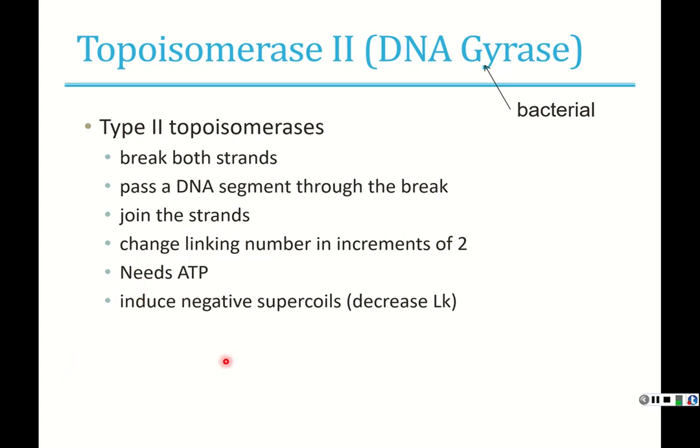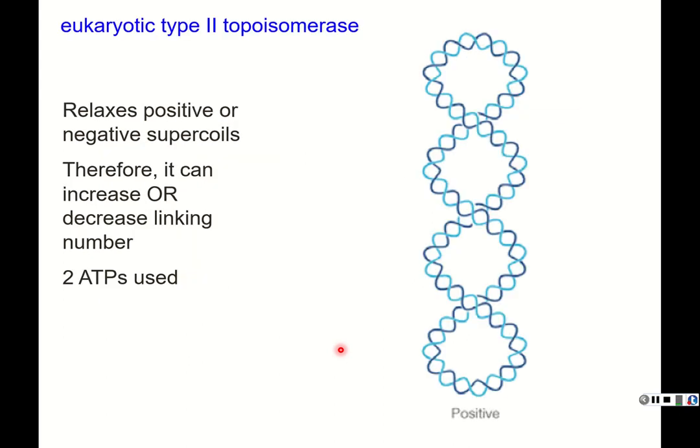And this is a way where the bacteria cells can actually induce negative supercoils, which decreases the linking number. It doesn't really happen that way in eukaryotic cells. We'll mention those here in a bit. They do decrease the linking number, but the way they do it is a little bit different. It involves the histone proteins. Okay.